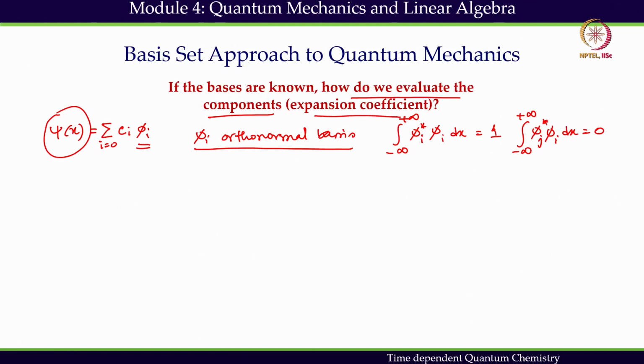How do I do that? I will first multiply this expression by phi j star and then I will integrate it from minus infinity to plus infinity over the entire space.